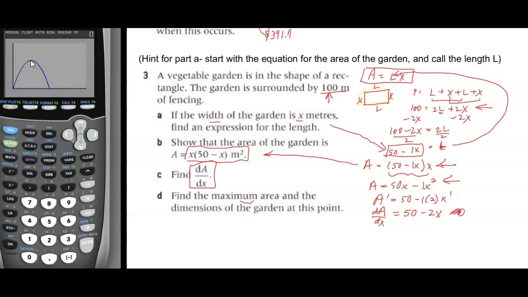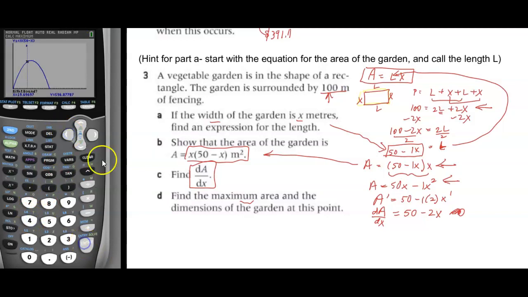The y value would be the area, and the x value would be the width. Okay, so let's find it by doing second calc, maximum, and then we move the cursor to the left side of the peak.